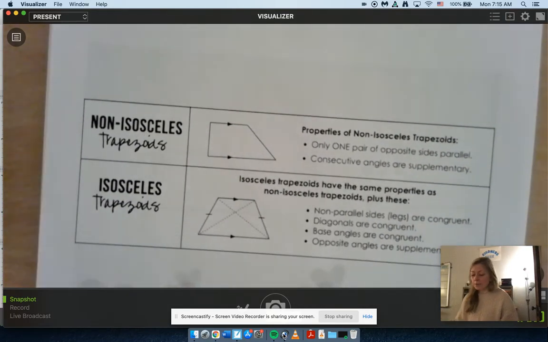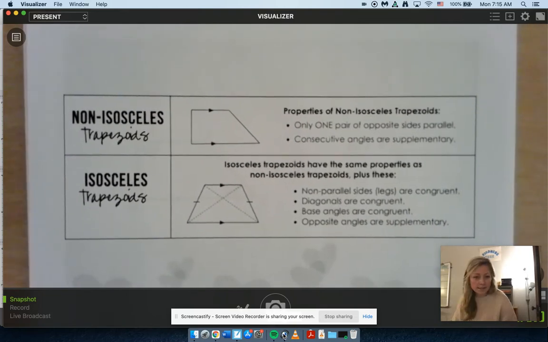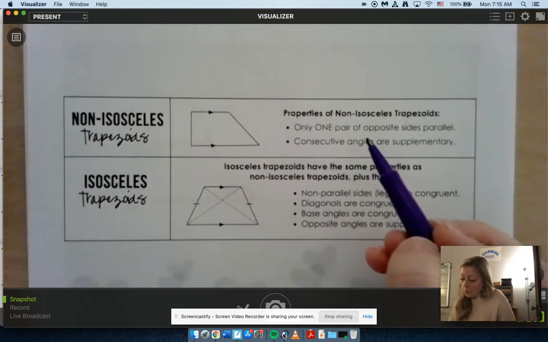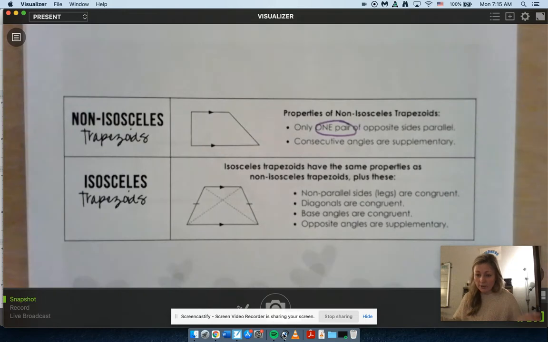So we have two different types that we're going to focus on. We have non-isosceles trapezoids and isosceles trapezoids. Let's first talk about non-isosceles trapezoids. So, big thing with a trapezoid, we only have one pair of opposite sides parallel. That's why it's not a parallelogram, because we don't have both sides that are parallel, just one pair.